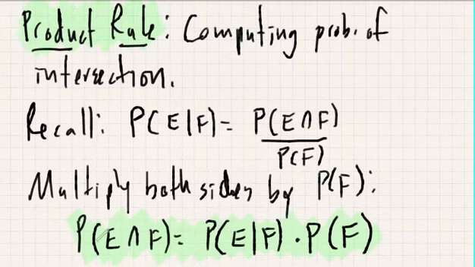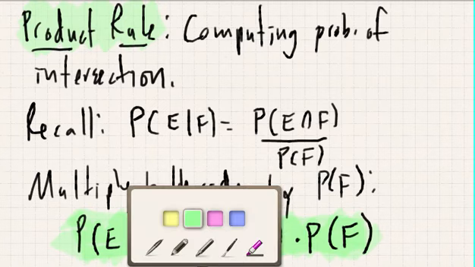So take it, frame it, put it up on your fridge. Don't forget it. It's important. The probability that both E and F happen is the probability that E happens, assuming that F happens, times the probability that F happens. So it's the percent of the time that E happens when F happens times the percent of the time that F happens.